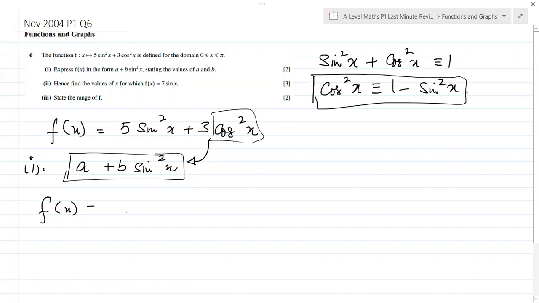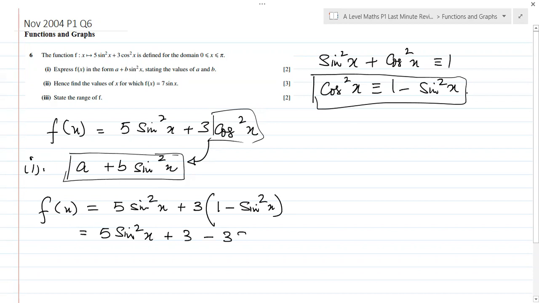We have f(x) is equal to 5 sine squared x plus 3 times (1 minus sine squared x). If you open the bracket, we get 5 sine squared x plus 3 minus 3 sine squared x. So 5 sine squared x minus 3 sine squared x will give you 2 sine squared x, and plus 3.